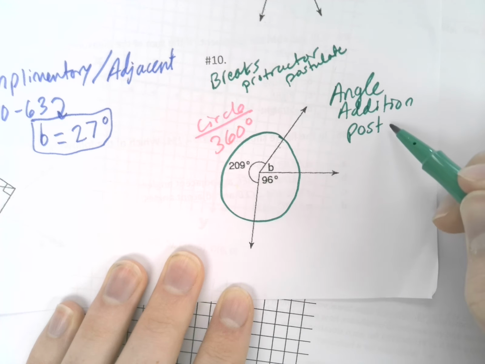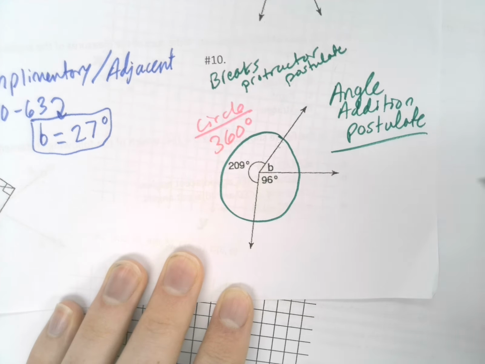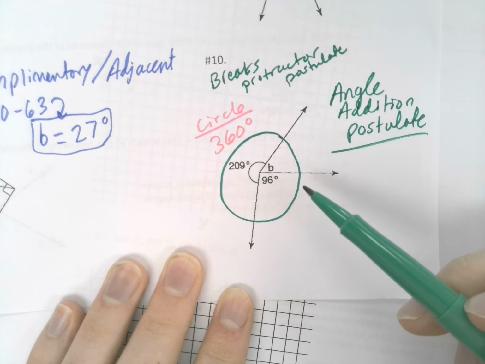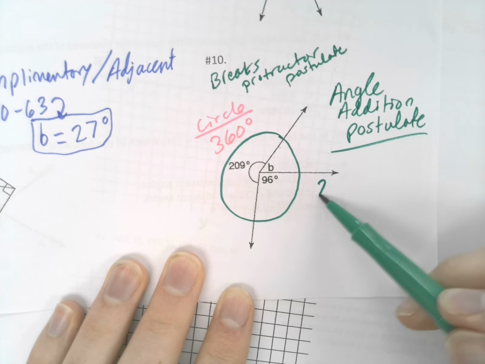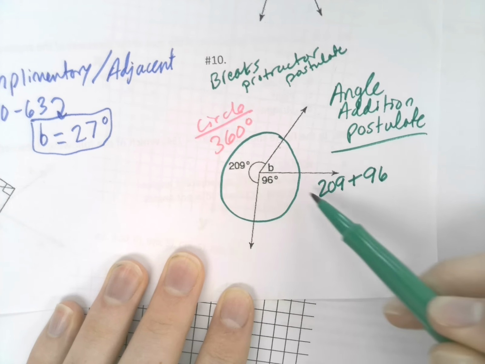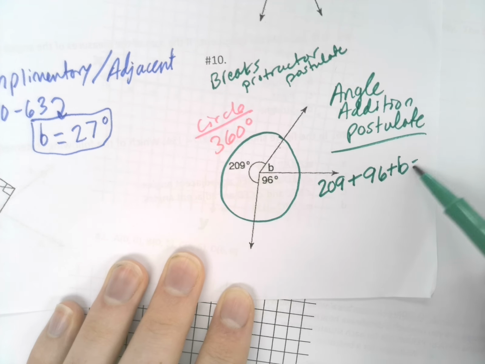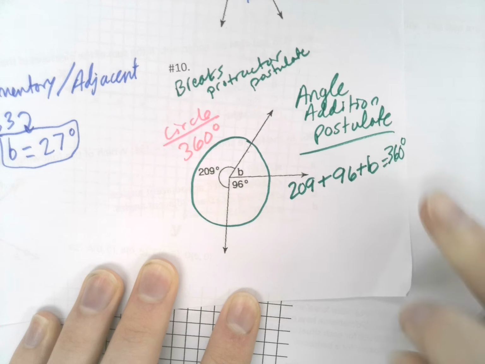Ang add post. And what that's going to let us do is say, okay, we know that we have 360 here. So 209 plus 96 plus B should equal 360 degrees.